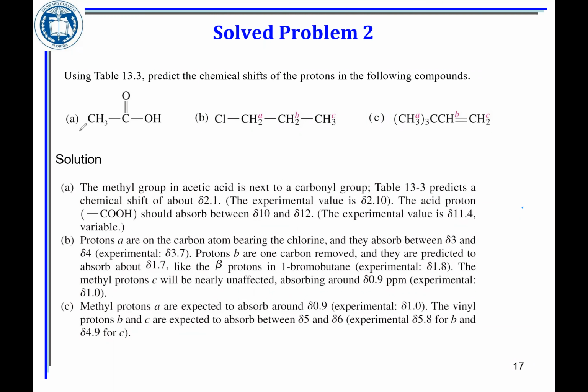How many different hydrogens do we have for compound A? How many different? Two. So we have A and we have B. What's the location for A? Location for hydrogen A?